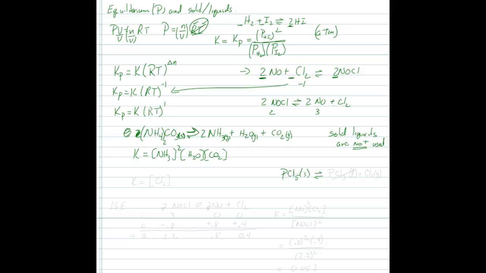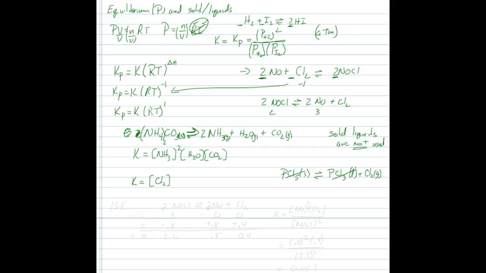These will only work if it's in equilibrium. If it's not in equilibrium, you can't do these equations. PCl3, which is a liquid, plus Cl2, which is a gas. In this equation, the only gas is the chlorine, so the K value would equal the concentration of Cl2. And that's the only variable you would have there.